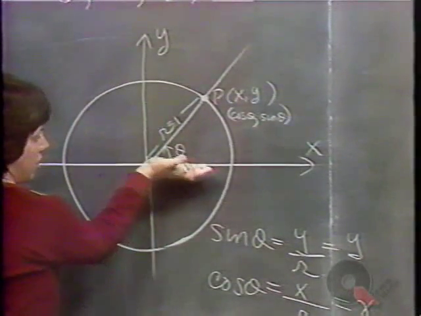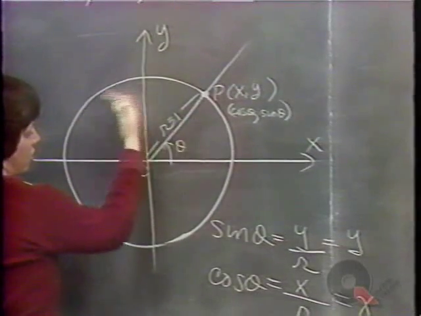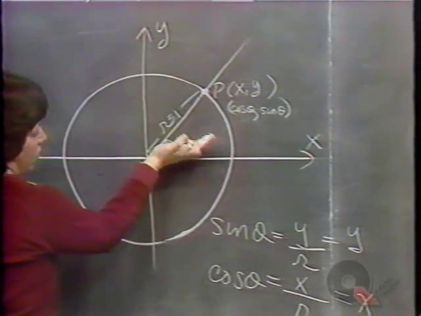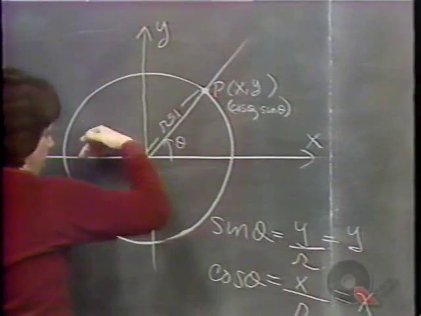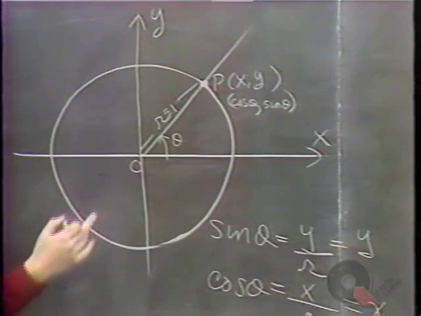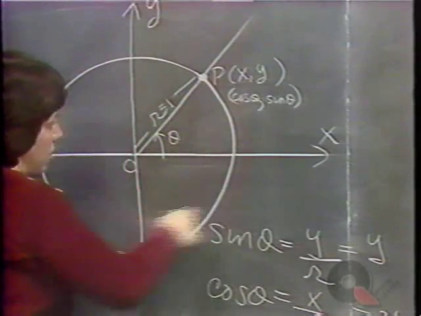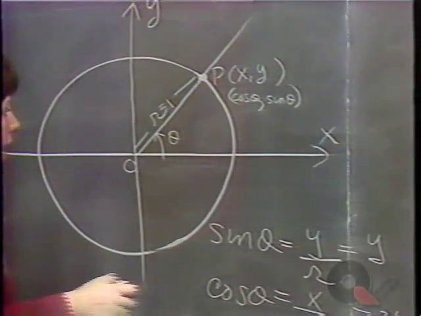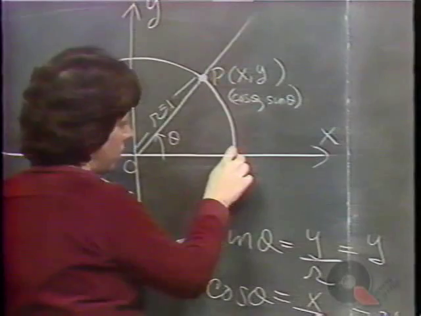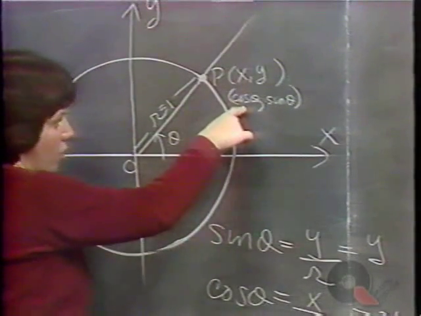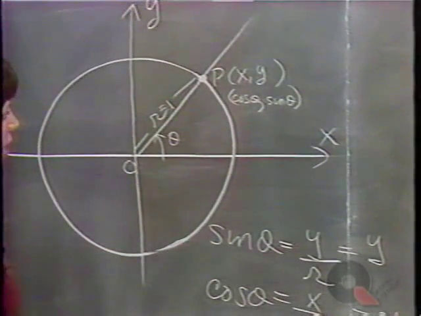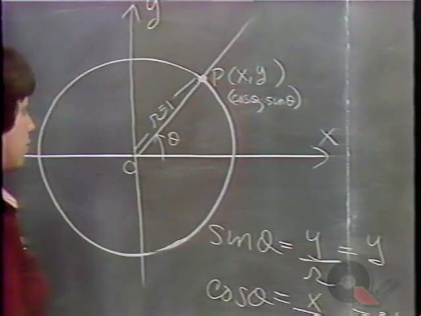In other words, as theta changes, we start with, say, an angle theta equal to 0, and then here theta is 90 degrees, 180 degrees, and so on. As theta changes, this point P on the terminal side is spinning around the circumference of the circle, and every time it reaches a point, the x-coordinate gives you the cosine of angle theta, and the y-coordinate gives you the sine of angle theta.